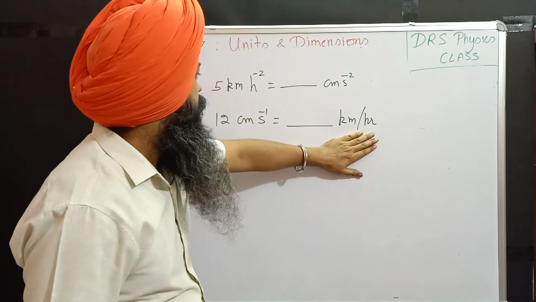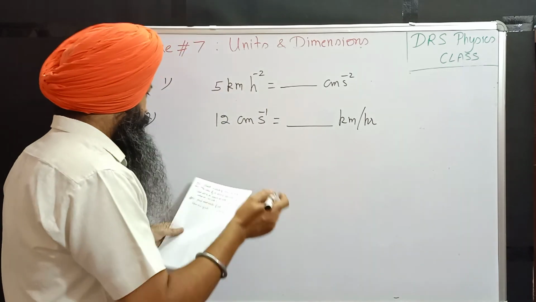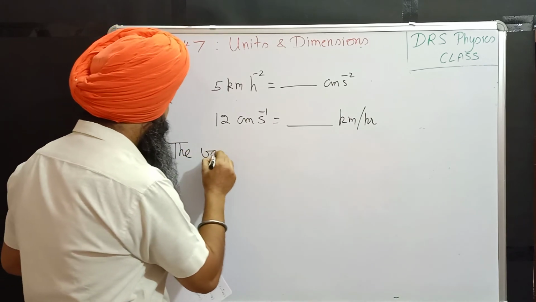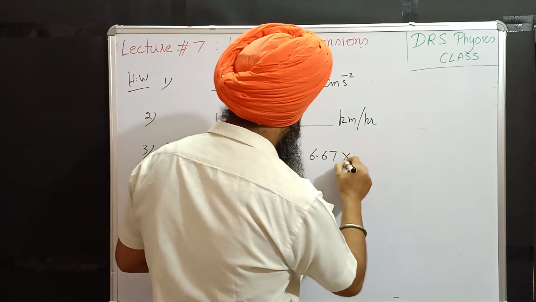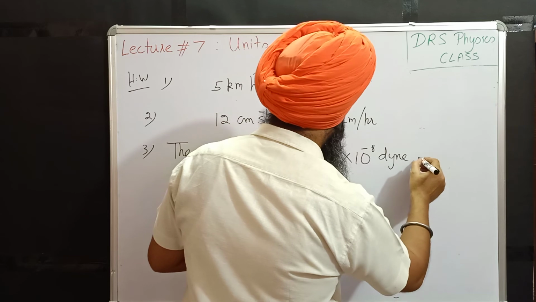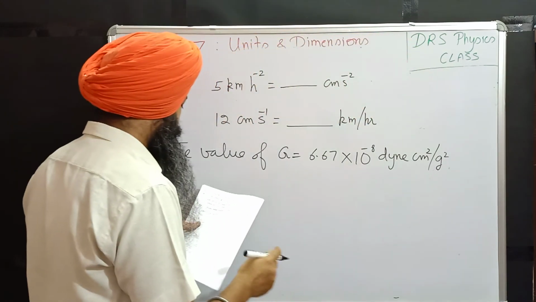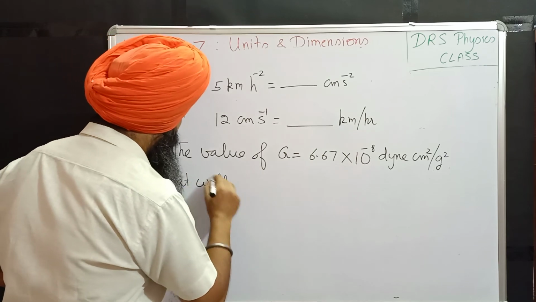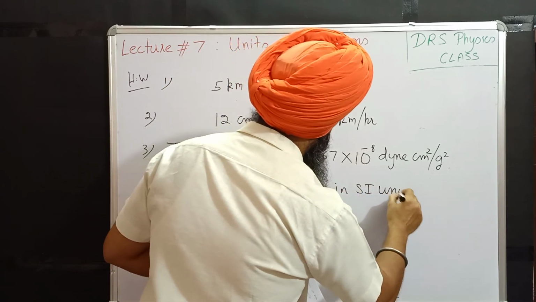You are not to confuse that hour can be like HR, or sometimes it is written as H. Another one can be there: the value of G is equal to 6.67 10 to the power minus 8 dyne centimeter square per gram square. What will be its value in SI units?